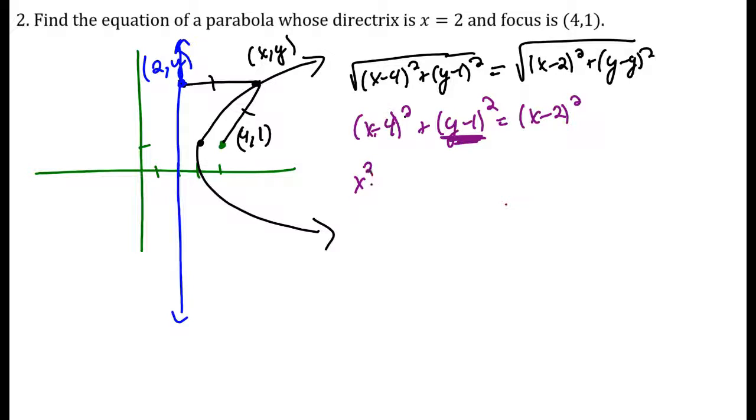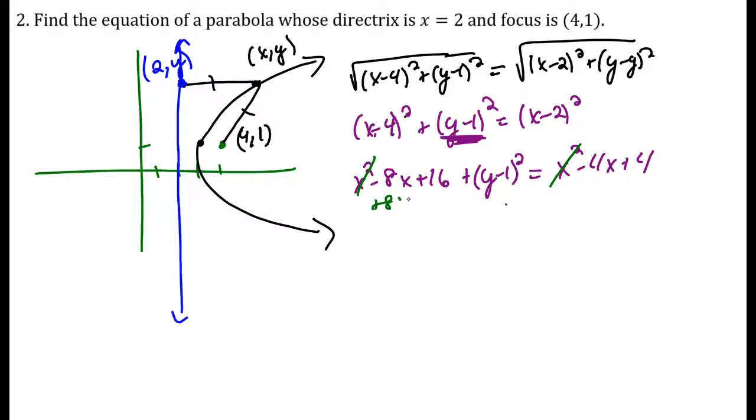So you get x squared minus 8x plus 16 plus (y minus 1) quantity squared equals, square that, and you get x squared minus 4x plus 4. Notice how I have an x squared on both sides. Those, I can subtract out. I want to get my x's on one side and my numbers on the other side.